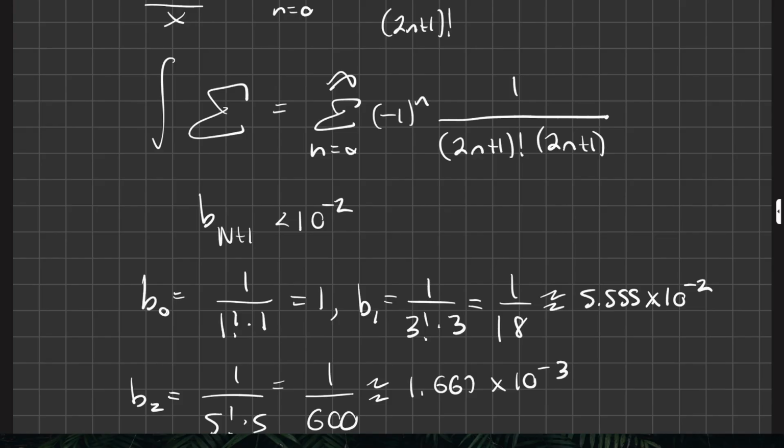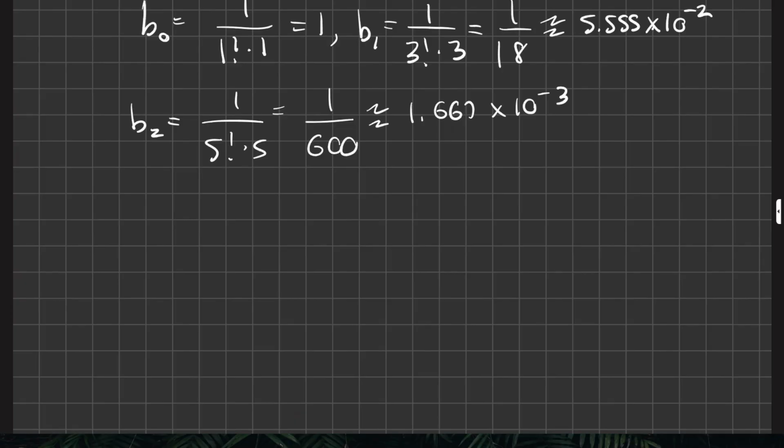So we've computed these terms, and b2 is less than 10 to the minus 2. So taking two terms, up to n equals 1, already guarantees the desired accuracy. Using three terms gives a tighter bound, so we can present this three-term approximation because we're looking at n plus 1. So let's do that.